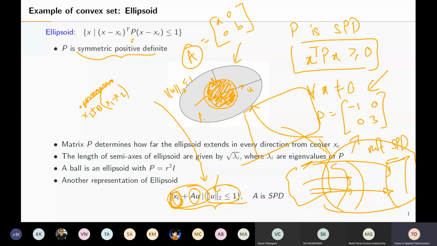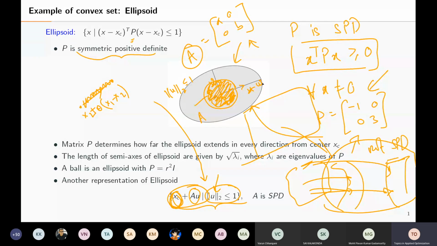Now we want to apply the matrix A on all the points here. If it so happens that u is along the eigenvector direction, I used u here, so that can create an issue, so let me use w here, because u is already used for the unit vectors.